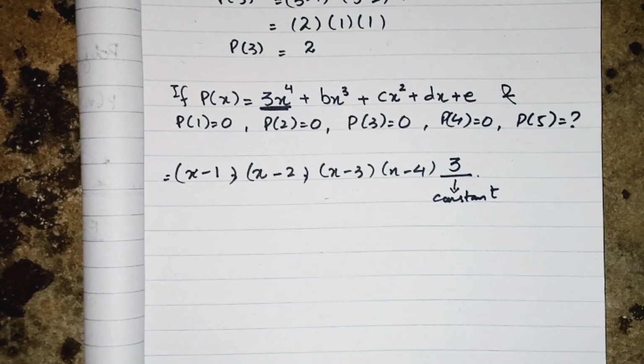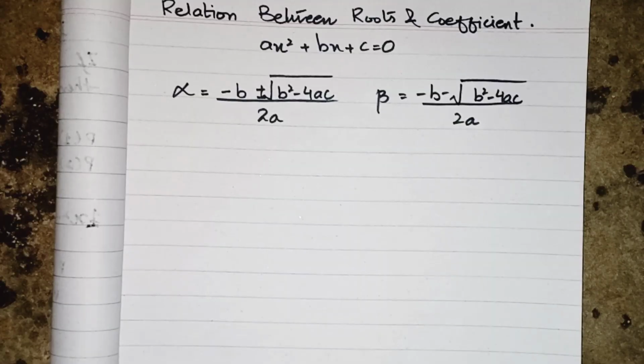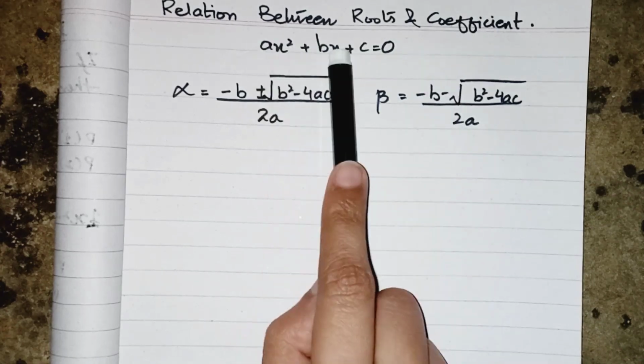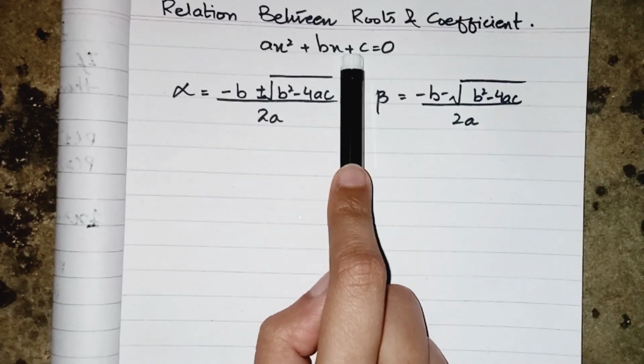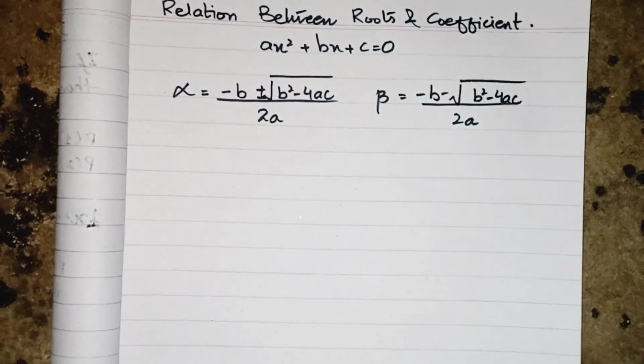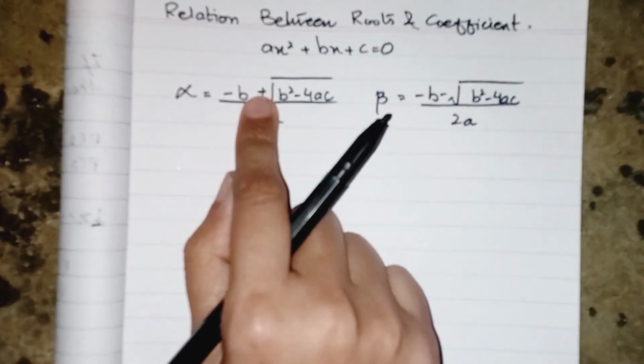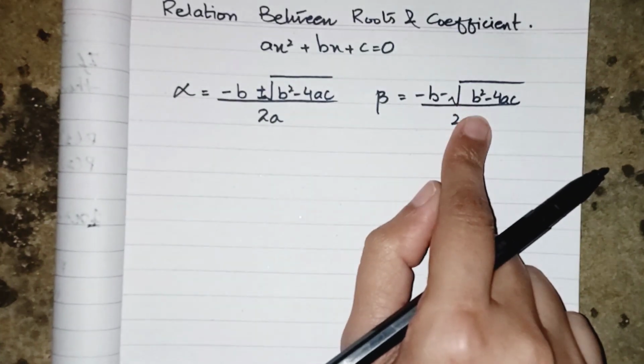Now moving to the next topic of quadratic equation, which is the relation between roots and coefficients. This one is a standard form of quadratic equation, and we solve a quadratic equation by using the quadratic formula, once along with the plus sign and once along with the minus sign.